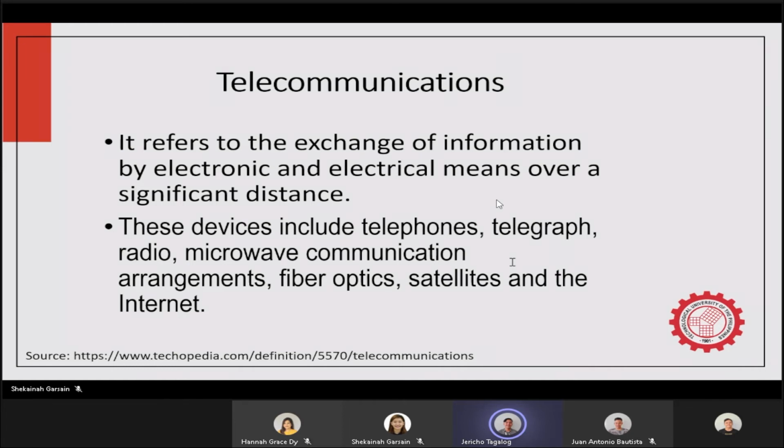Sunod doon is yung kilalang fiber optics ngayon na kadalasan ginagamit para makakonect sa internet. So, using fiber optic, mas mabilis nakaka-travel yung data or information since ang gamit dito is light instead of electricity. Next, please.